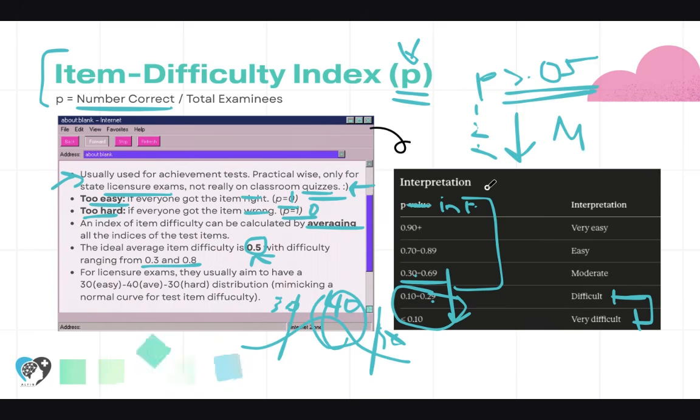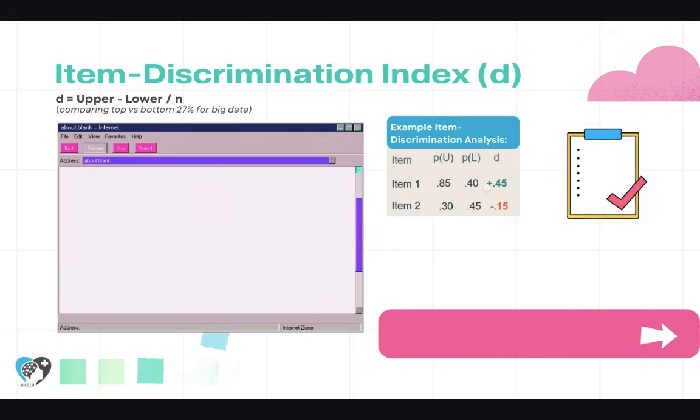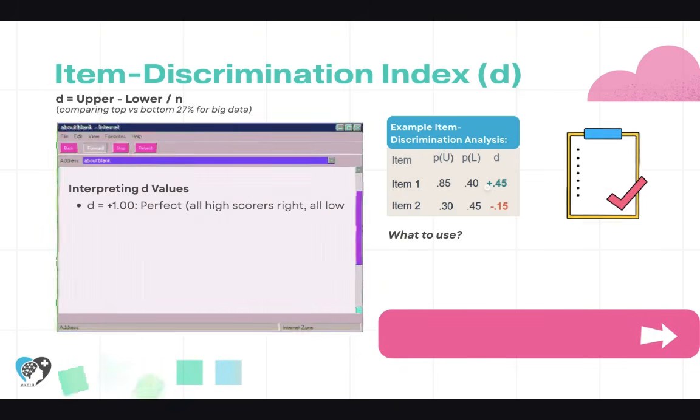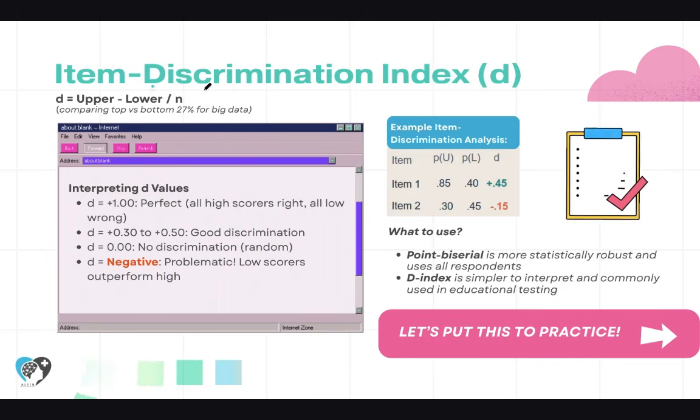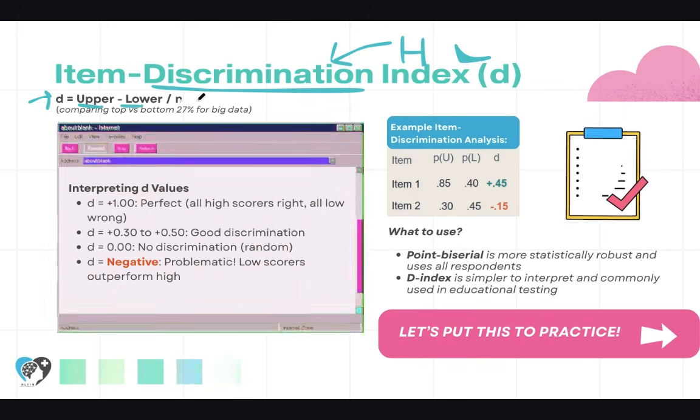So let's go over item discrimination. Your item discrimination is how well it is able to determine or separate the high scorers from the low scorers. That's why its formula is upper minus lower divided by the total number of test takers. If you want to use the D index, you usually just get 27%, especially for big data.